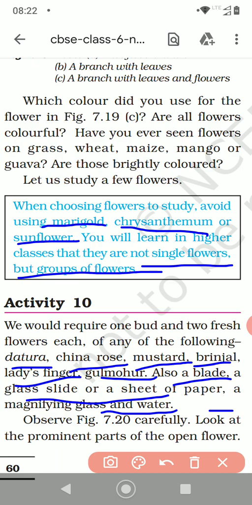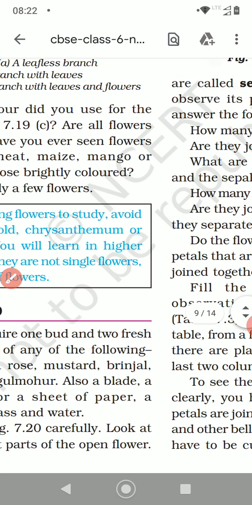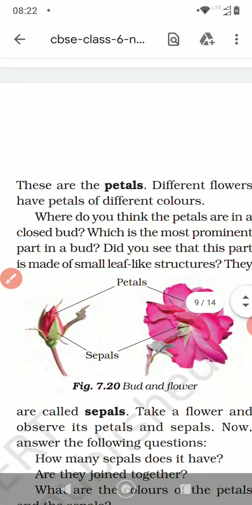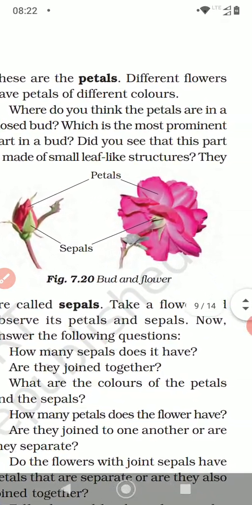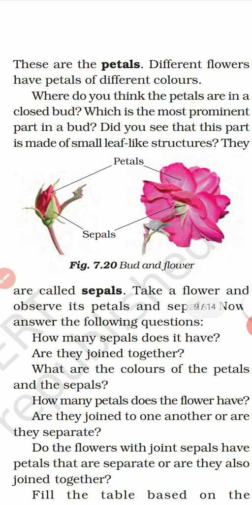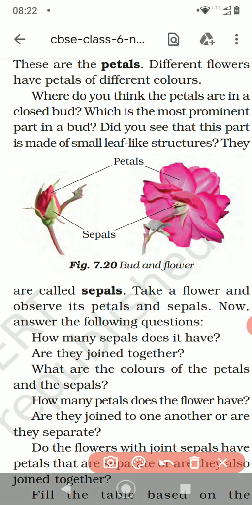Observe it carefully. Look at the prominent parts of the open flower. Since you have a flower, children, I'll remind you that in this period you have to have a flower, otherwise you won't be able to do this activity. So these beautiful petals, you can see the colorful petals.